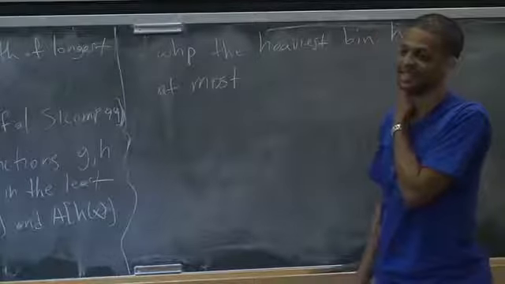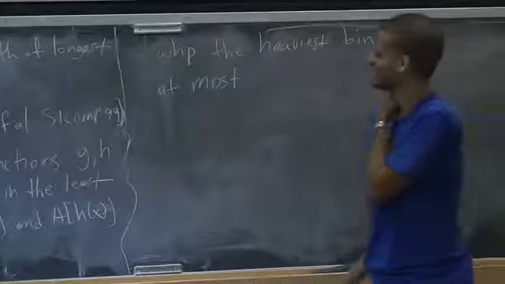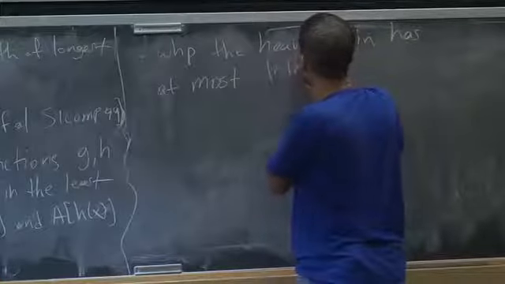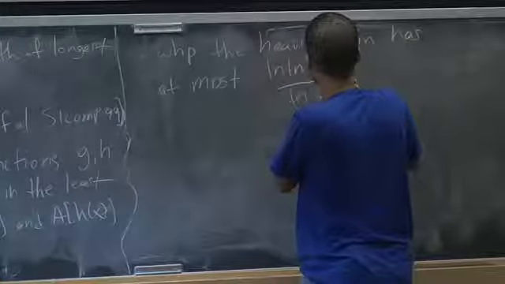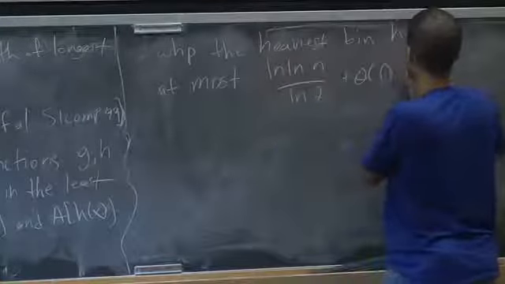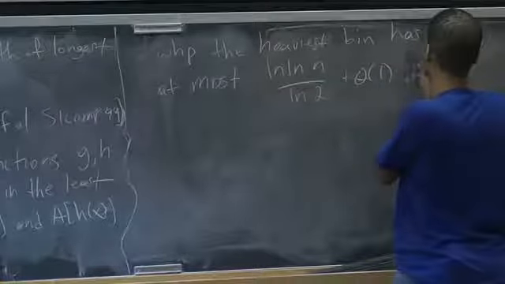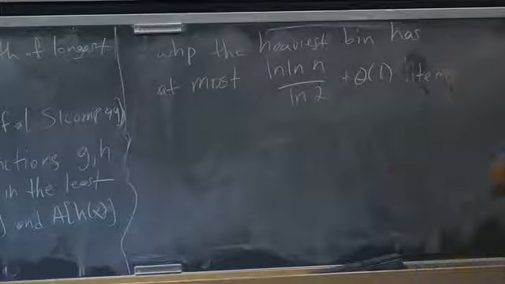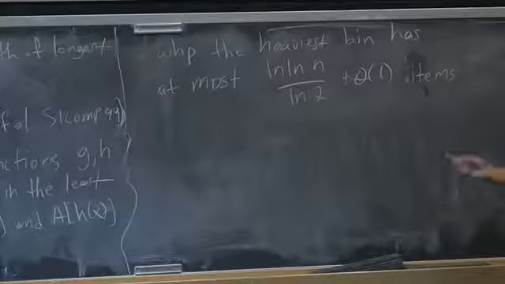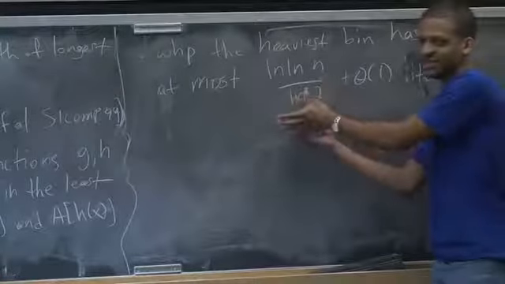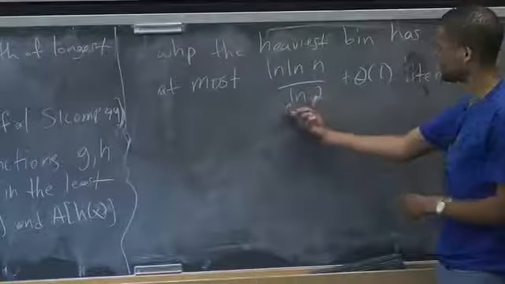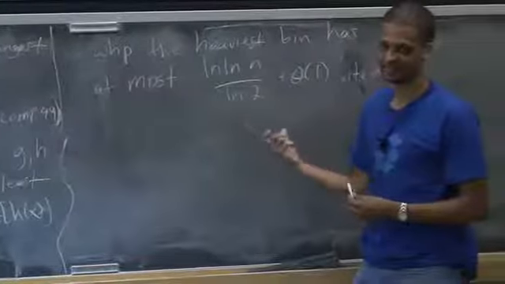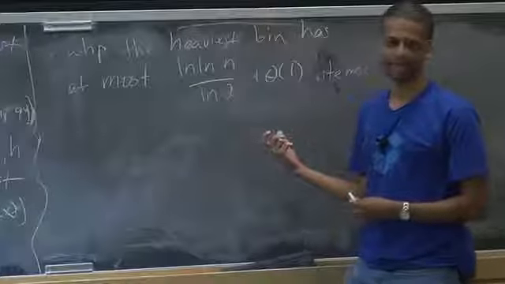What? Yes. ln ln n over ln 2 plus theta 1 items. So in fact, it's very tightly concentrated around this number. So with high probability, you'll be this number plus or minus a constant. Okay.